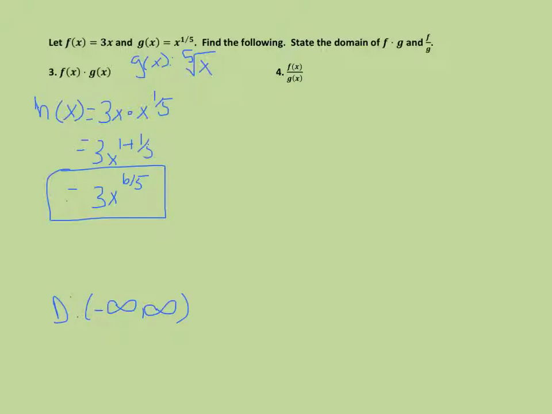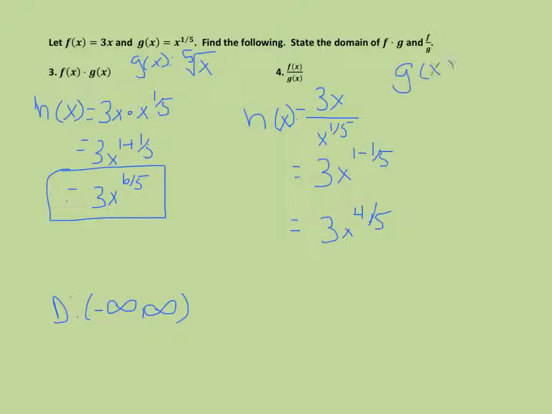Now, let's set up the division. We get 3x divided by x to the 1/5. So that would be 3 times x to the 1 minus 1/5, which would be 3x to the 4/5. But remember it said g of x cannot equal 0.